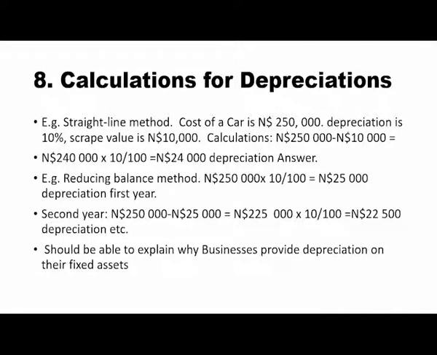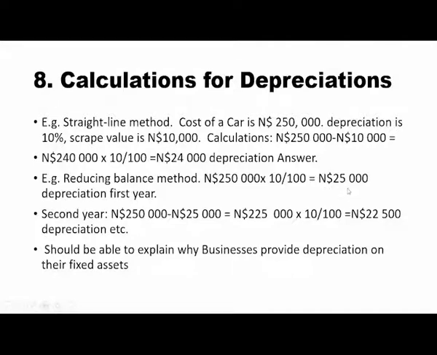While the other one, the reducing balance method, is different. Let's use the same asset. We take the cost of the same asset, a car, 250,000 times 10 divided by 100.